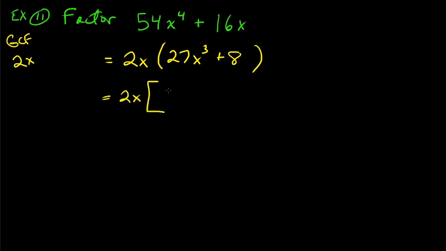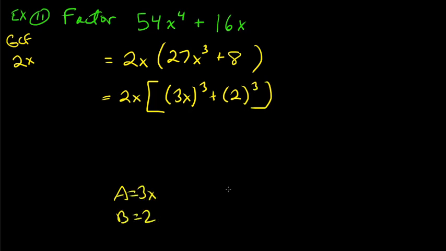And now we have a sum of cubes, right? 3x to the power 3 plus 2 to the power 3. So a is just 3x, and b is 2. And I know we've seen things like this many, many times, right? Otherwise, the numbers just get really crazy here, right? So this is a little different, right?